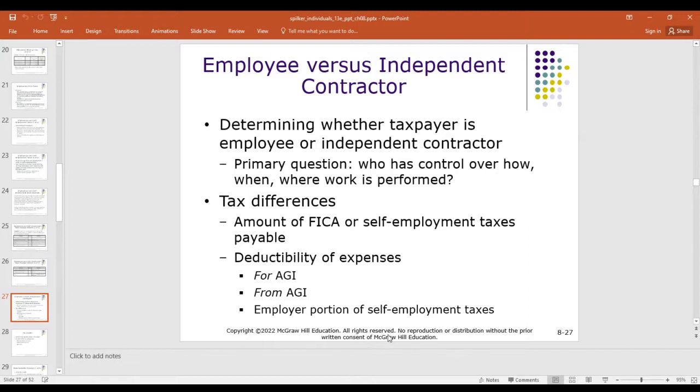Independent contractors pay taxes, their own taxes, federal self-employment tax, etc. Employees only have to pay half of Social Security and Medicare and have federal tax withheld and don't have to worry about paying it in themselves like a self-employed individual. Okay, so that's it for part one, and I will see you back here for part two.